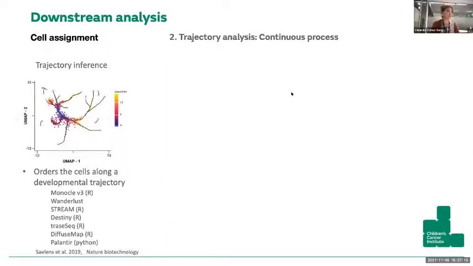Okay, so what I just explained about the clusters and the cell identification is based on discrete analysis. But in biology, not always is black and white, and sometimes you have a data set that is a developmental process, and you have a stem cell and a differentiated cell and a bunch of in-between status.